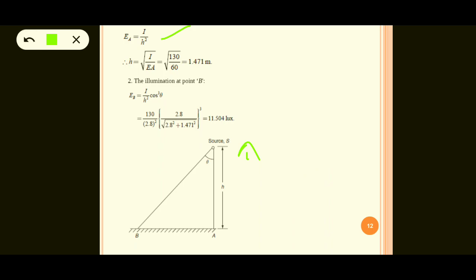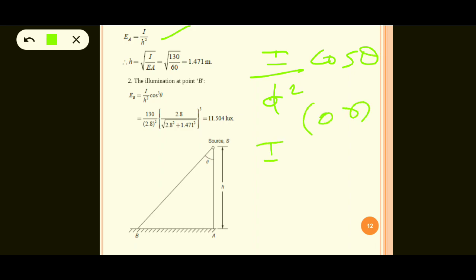First one, illumination is I by d square cos theta, or I by h square cos cube theta. Here they are using this cubic law, I by h square cos cube theta.